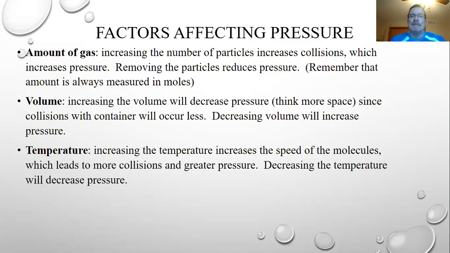Okay. If you release some of that gas, so you remove some of the moles, get rid of some particles, you're going to reduce the pressure because you have fewer particles pounding on the side of the container, and so the pressure will go down.